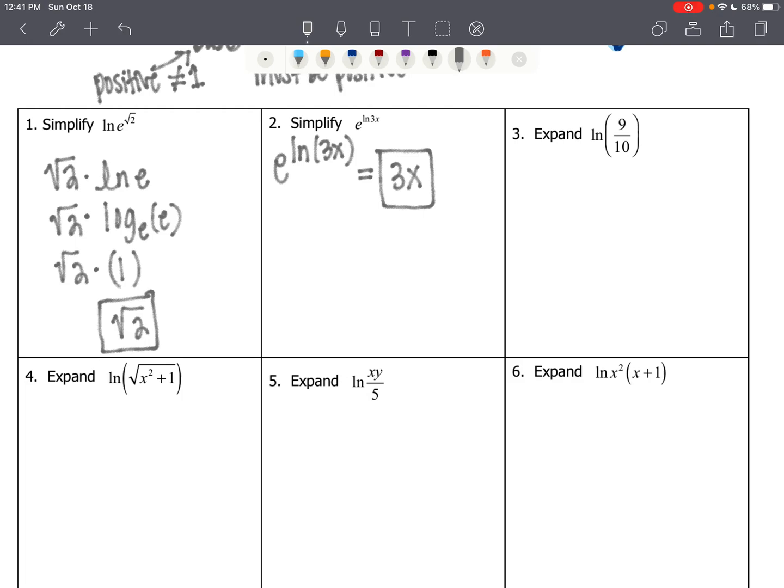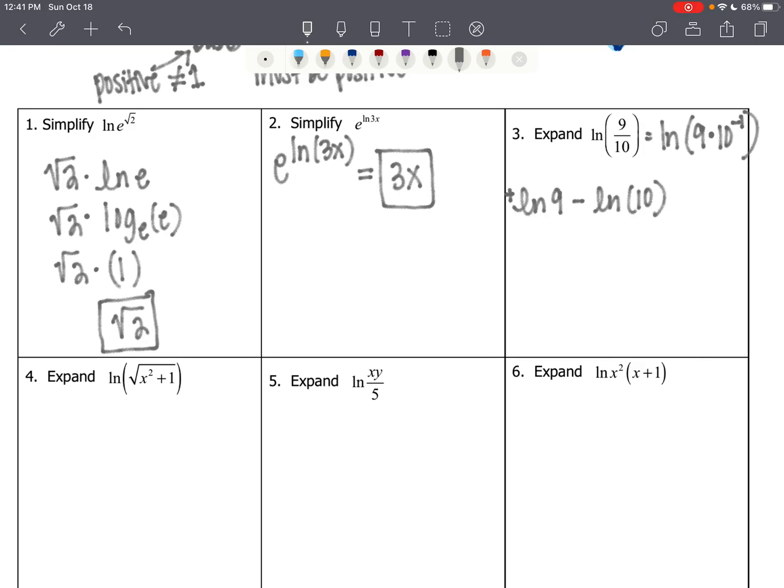We want to expand natural log of 9 over 10. This is going to be our quotient rule. So we've got the natural log of 9. 9 is in the numerator, so that logarithm's positive, minus the natural log of 10, because 10 is in the denominator. Now, why does this work? Because the natural log of 9 divided by 10 is the same thing as 9 times 10 to the negative 1.